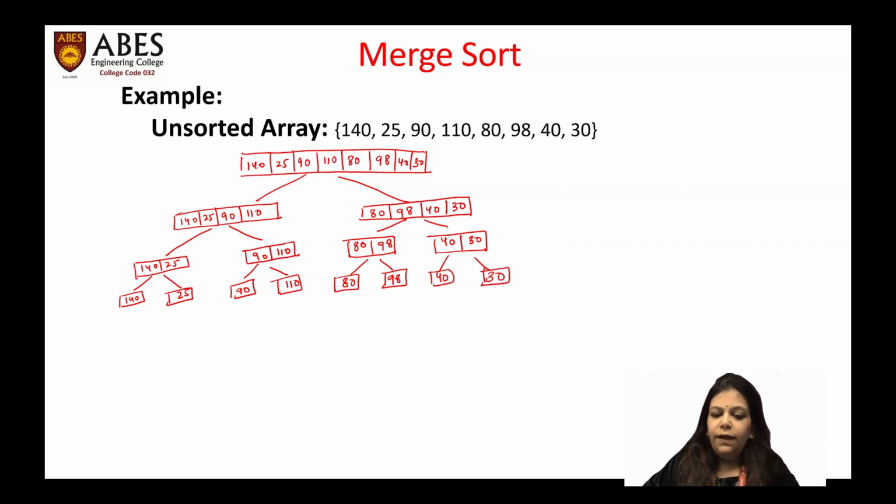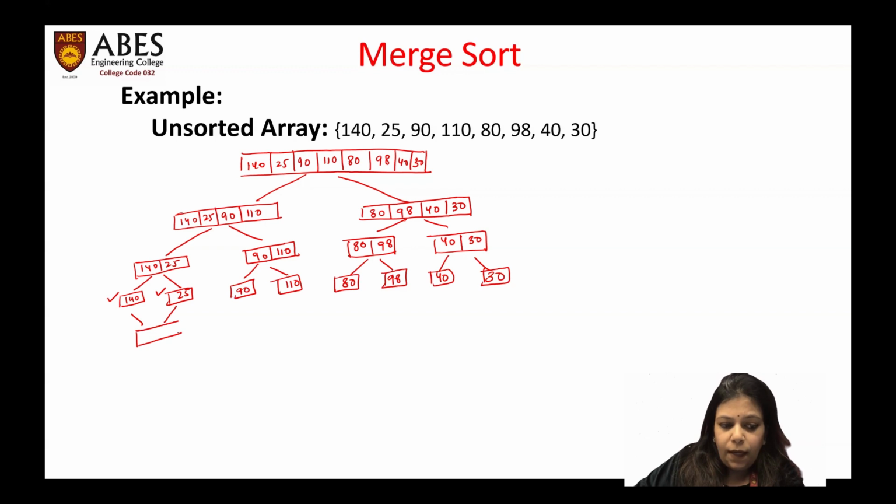So now after dividing the original problem into smaller parts, we will start conquering them. In order to conquer them, we will consider these as two sorted arrays and then we will merge them. And while merging, we will keep in mind that the resultant array should be sorted.